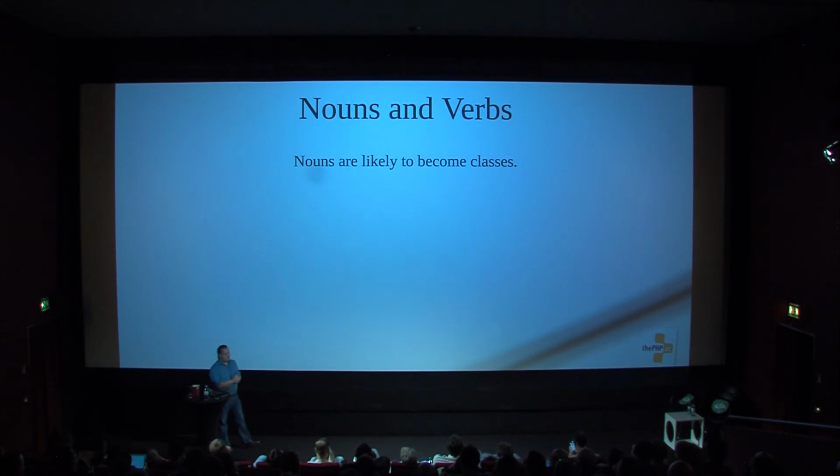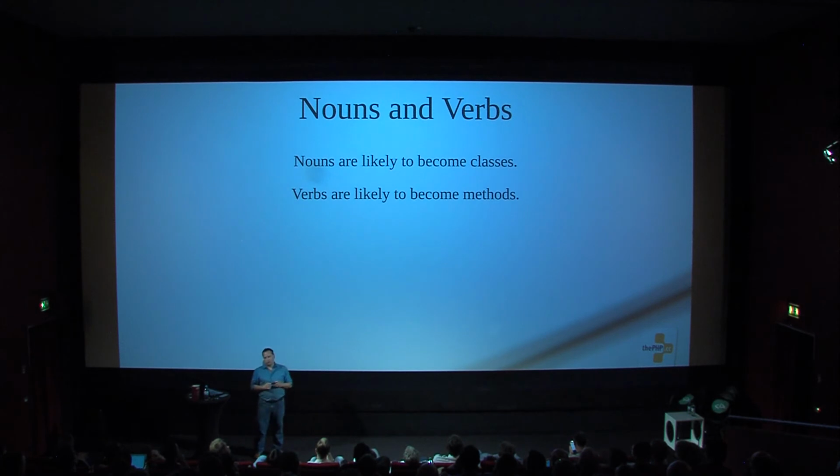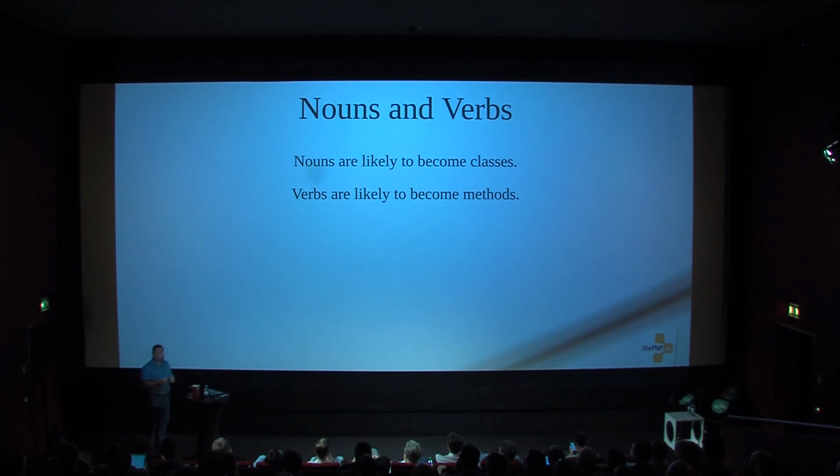The nouns are likely to become classes. The verbs are likely to become methods. So having a plain text description of what you're about to do, marking the nouns, making them classes, making them your small Lego bricks of business language, and then building up on them.